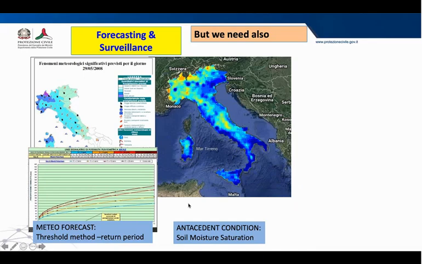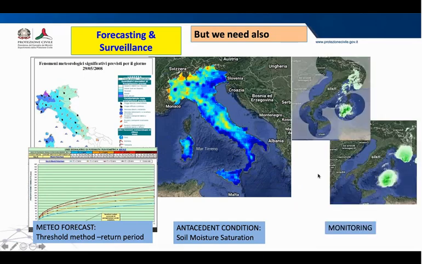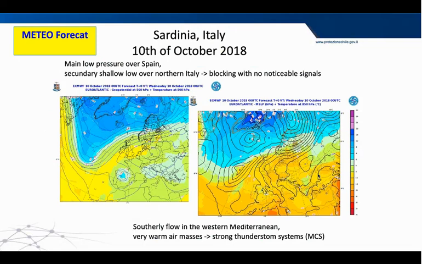We also need to introduce antecedent conditions related to soil moisture saturation. Otherwise, we are not able to provide a hydrological and hydraulic risk assessment. We also need monitoring of what is happening when the event starts, in order to give an early warning to the local areas.